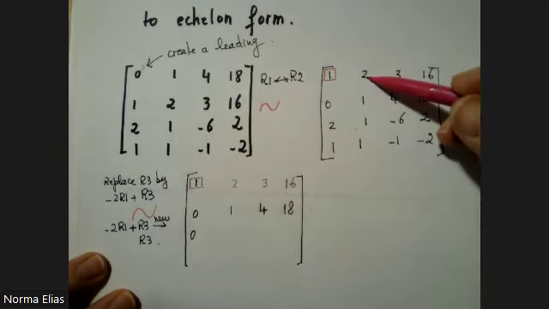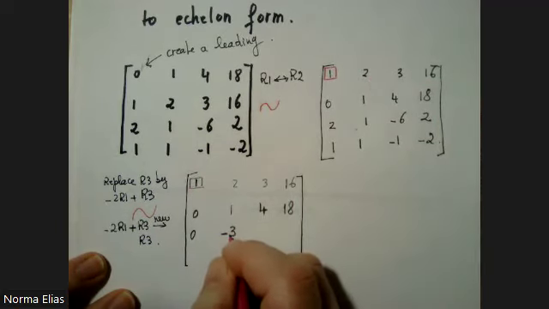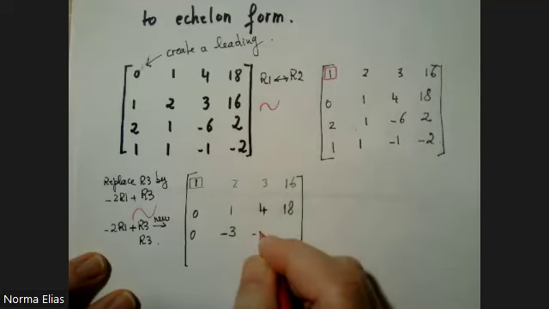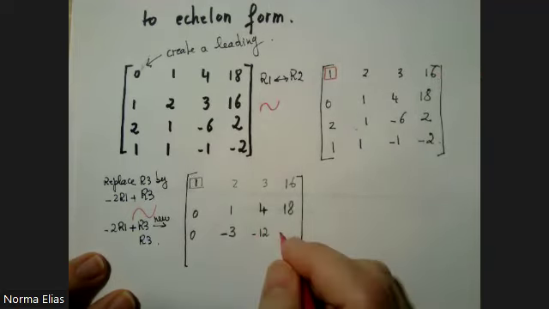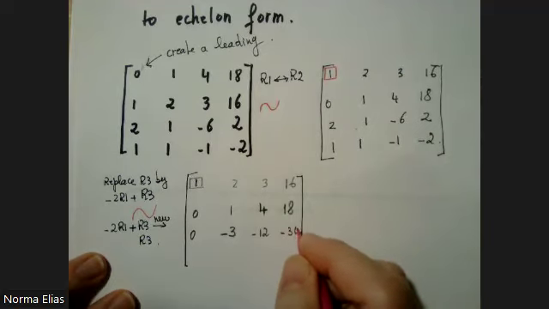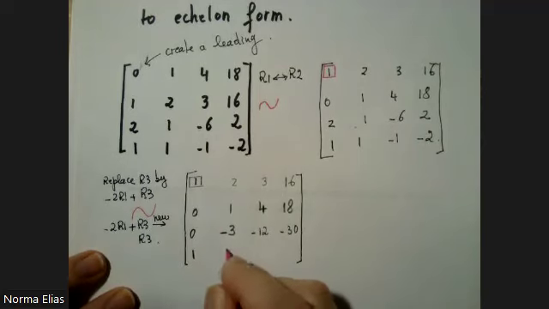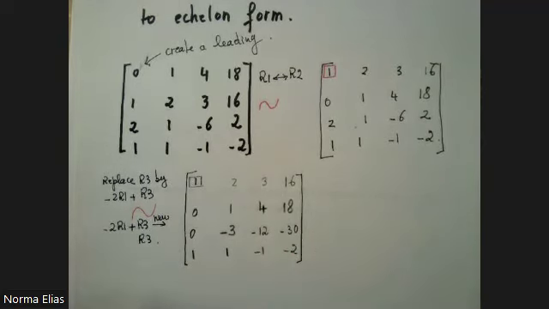Multiply this by -2, which gives me a -4, and add it. This is going to give me a -3. Multiply this by -2, that's a -6, and -6, that's going to give me -12. Multiply this by -2, that's -32, plus 2, that's -30. And now the last one is 1, 1, -1, -2.